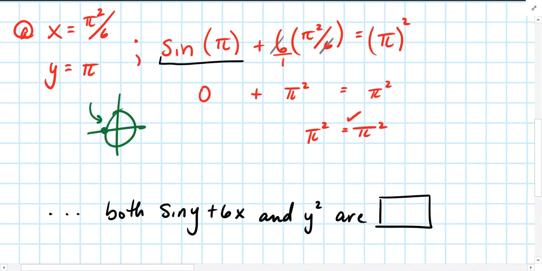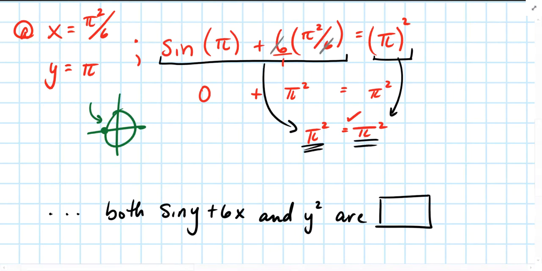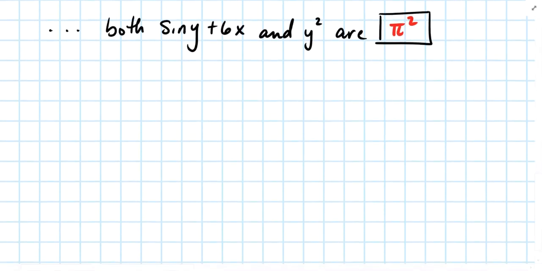Well, sine of y plus 6x is equal to this y squared, and in both cases, when we simplify either y squared on the right or sine y plus 6x on the left, both of those results end up being pi squared. So I believe that's the answer that they're looking for in part A. And I checked that off screen on a different computer, and that is an accepted answer.